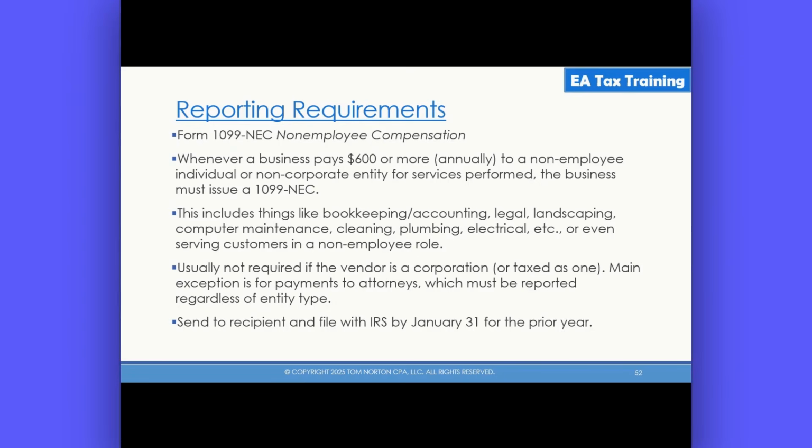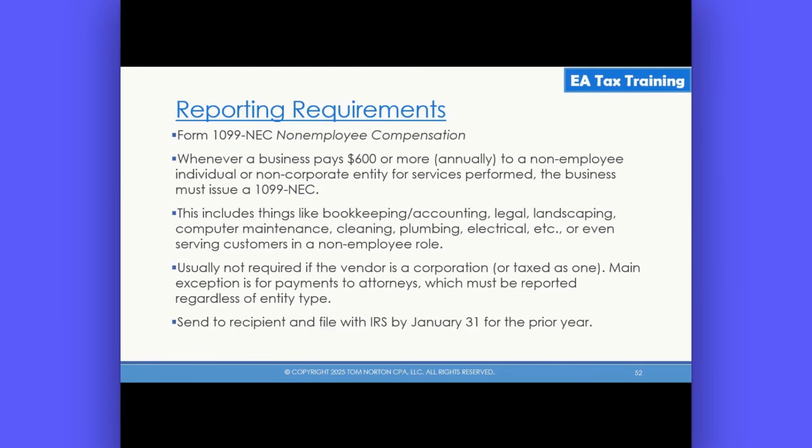So now let's talk about those 1099s. There are several different 1099s that you can have to fill out. One of the more common ones is the 1099 NEC, that stands for non-employee compensation. So whenever a business pays $600 or more in a year to a non-employee, either individual or non-corporate entity, for performing services, then you have to issue a 1099 NEC to that individual or non-corporate entity.